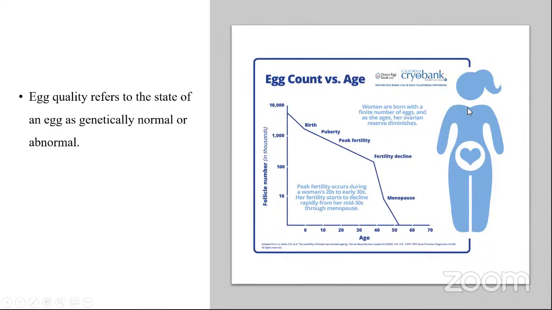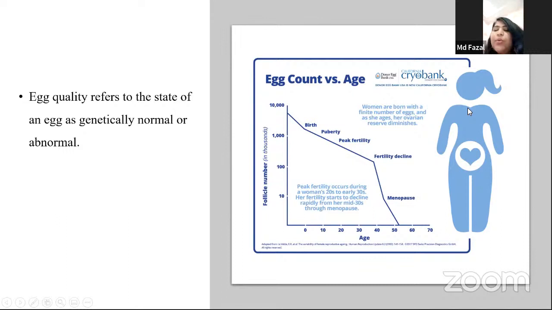Okay, fine. As we all know, as the age increases, the quality, quantity, fertility capacity, division capacity, all the qualities of the egg come down.